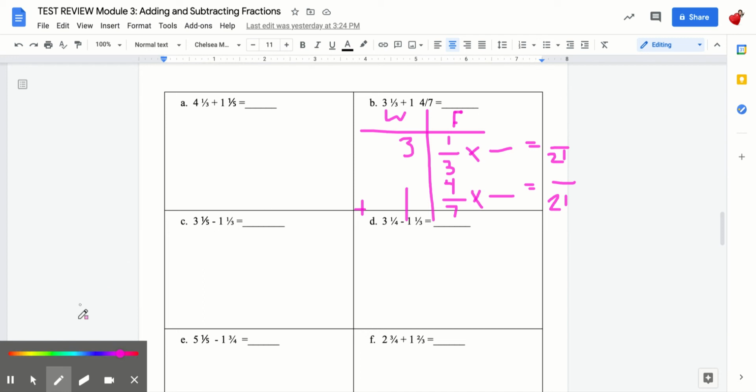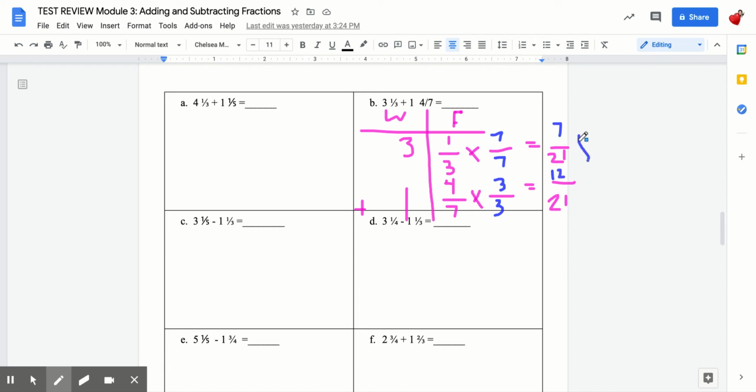So 1/3 times 7/7 is 7/21. 7 to make 21sts, we need to multiply by 3/3, and I know 4 times 3 is 12.